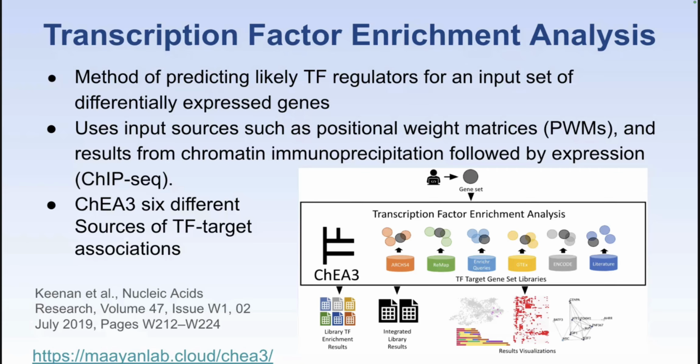And so the background transcription factor target gene set libraries that are used for the enrichment analysis can be assembled from a variety of sources, including data from published ChIP-seq studies, positional weight matrices, or gene-gene co-expression correlation analysis. So the figure here is summarizing the various sources that are used by a tool developed by our lab called ChEA-3. So the libraries are shown here. There are 6 total.